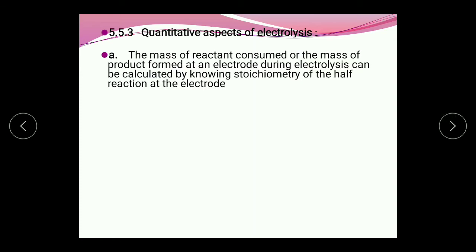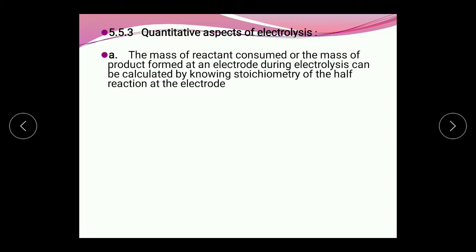The mass of the reactants consumed or the mass of the product formed at an electrode during electrolysis can be calculated by knowing the stoichiometry of the half reaction at the electrode. Do you understand this?